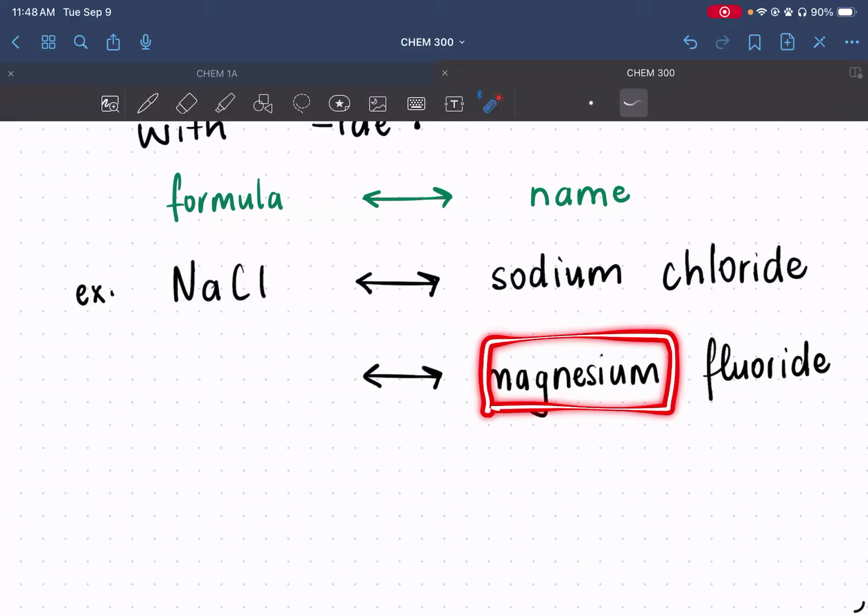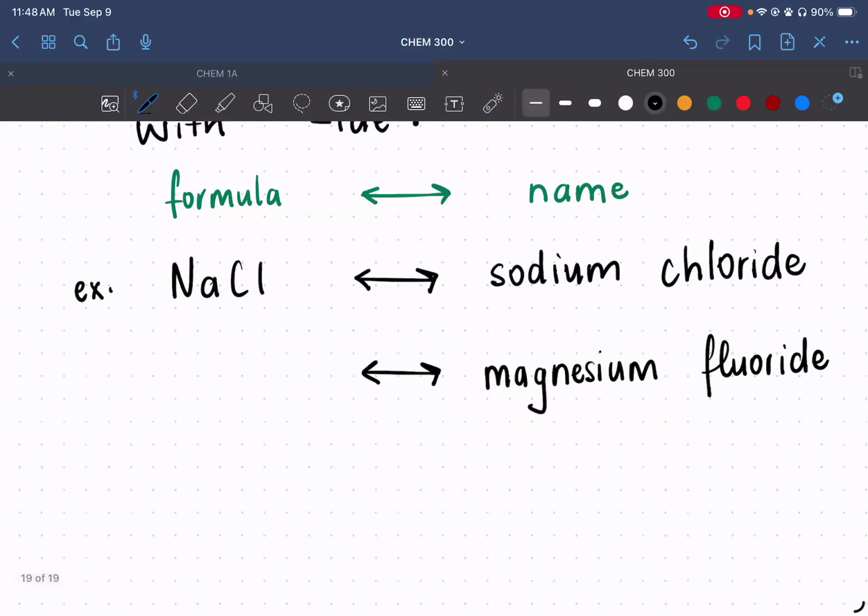So we need to be able to read the periodic table, quickly find magnesium for yourself. Magnesium is Mg. All right, we know that it is in group 2. Group 2's ideal charge is 2 plus.